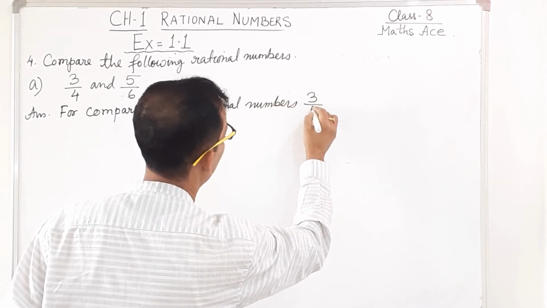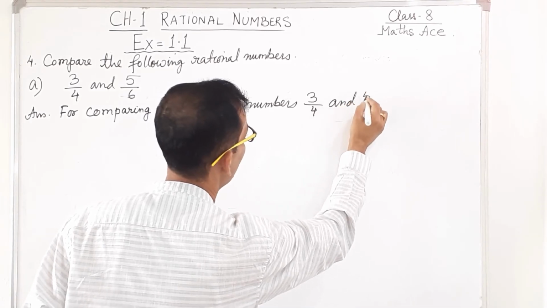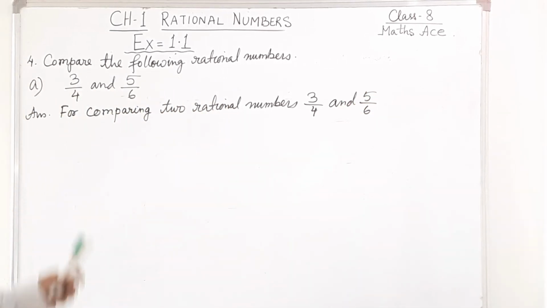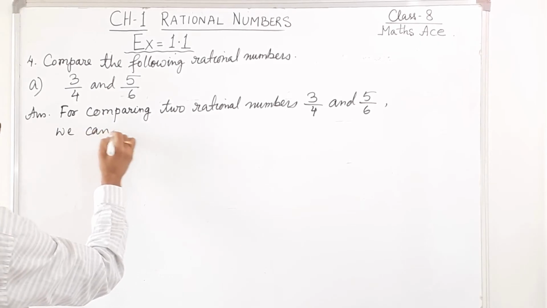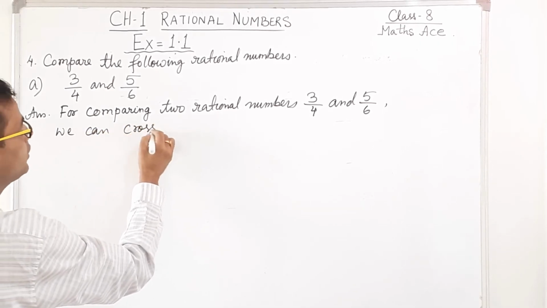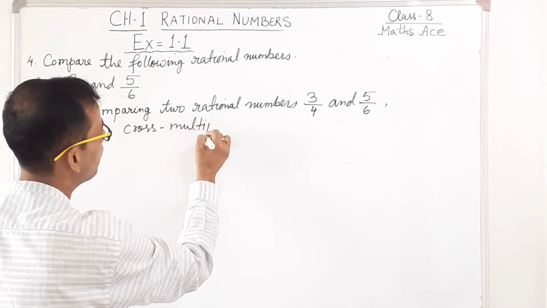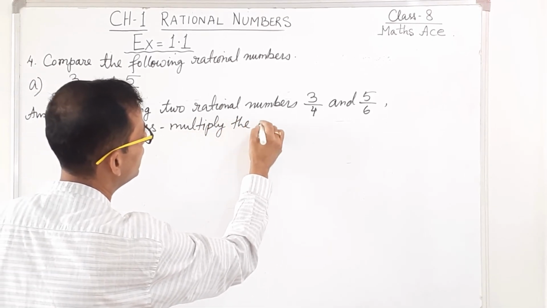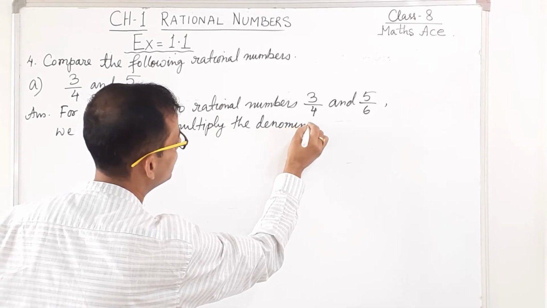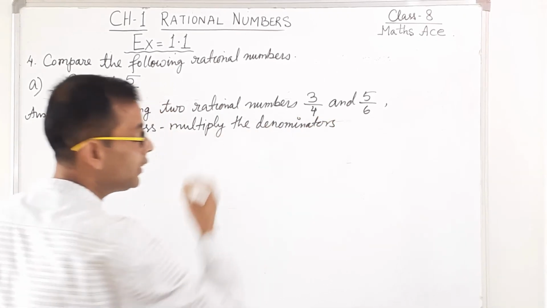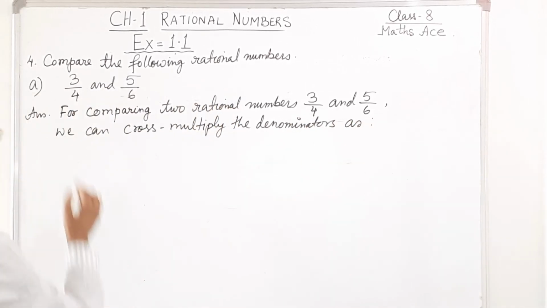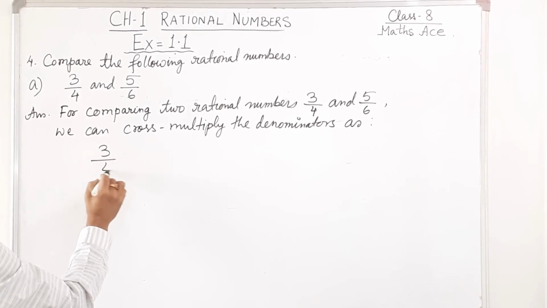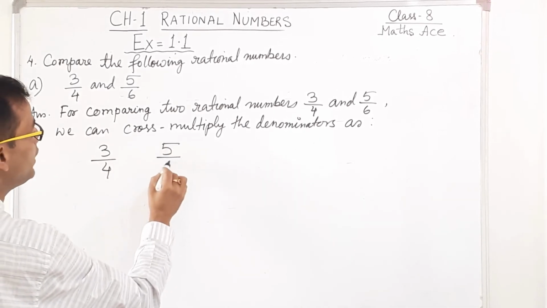What are the numbers? 3 by 4 and 5 by 6. For comparing the two rational numbers 3 by 4 and 5 by 6, we can cross multiply the denominators. Already I have taught you how to do this one in part 1, okay, as how we will write here 3 by 4 and here 5 by 6.